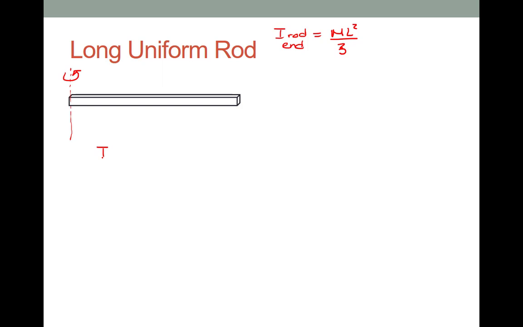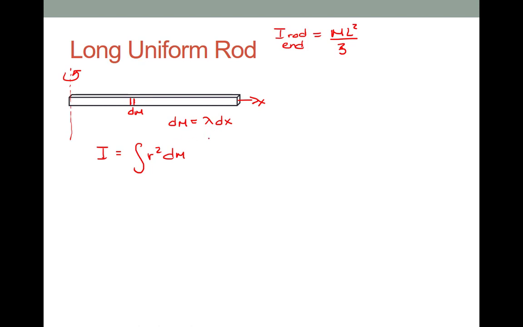For this calculation, we need to integrate r squared dm. dm is a little chunk of mass right there. And as we saw when we did center of mass calculations, we can rewrite the dm in terms of the density multiplied by a little piece dx, assuming that this is our axis x.